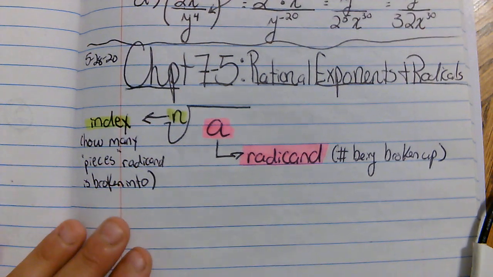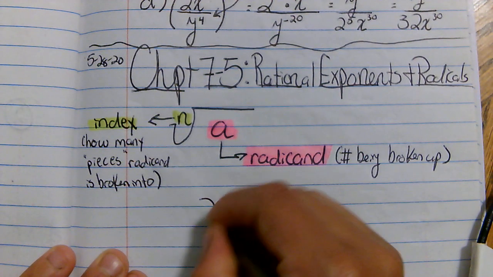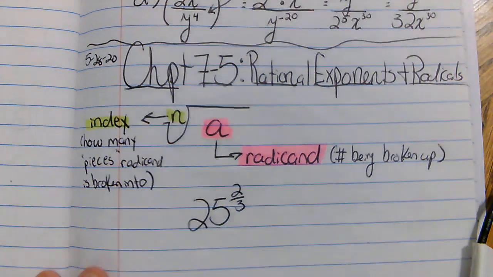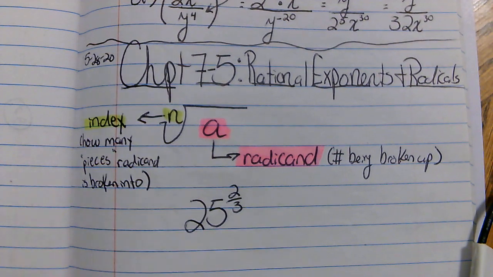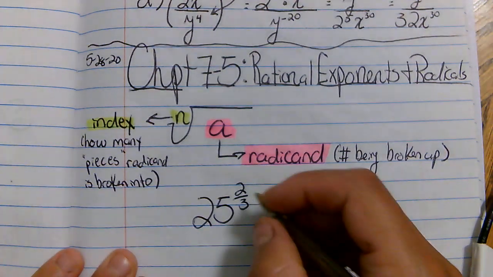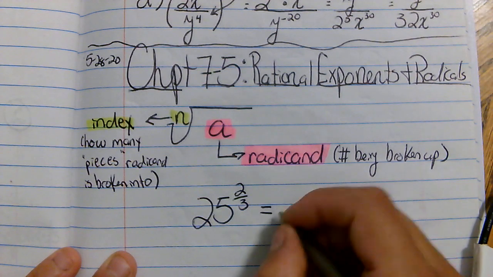So I just want to remind us, if we have something like this, let's say we have 25 to the 2/3 power. Okay, here is what this means if I was going to write it as a radical. That's what the whole thing is called, by the way, a radical. So it would be this if I wrote it as a radical.